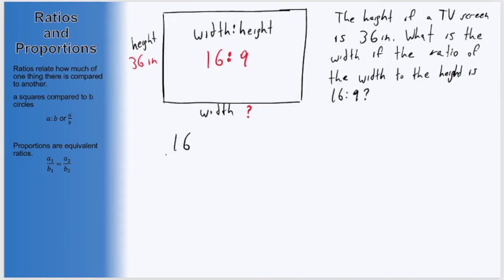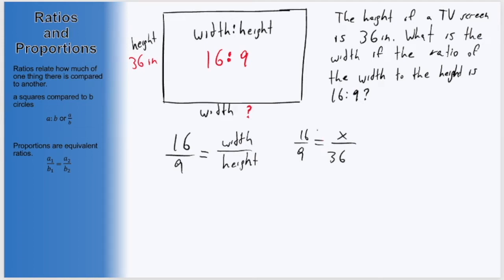So the ratio 16/9 has to be equal to whatever the width is divided by whatever the height is. In this case, we know that the height was 36 inches, but we don't know the width, so let's just leave that as a variable x. We now have an equation where we can solve for our unknown x.